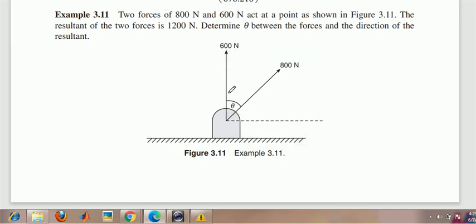Along with that you need to determine the direction of the resultant. They have given you the resultant force, that is 1200. You need to determine the direction of this resultant. This theta, as well as the angle between these two forces, you need to determine in this problem.